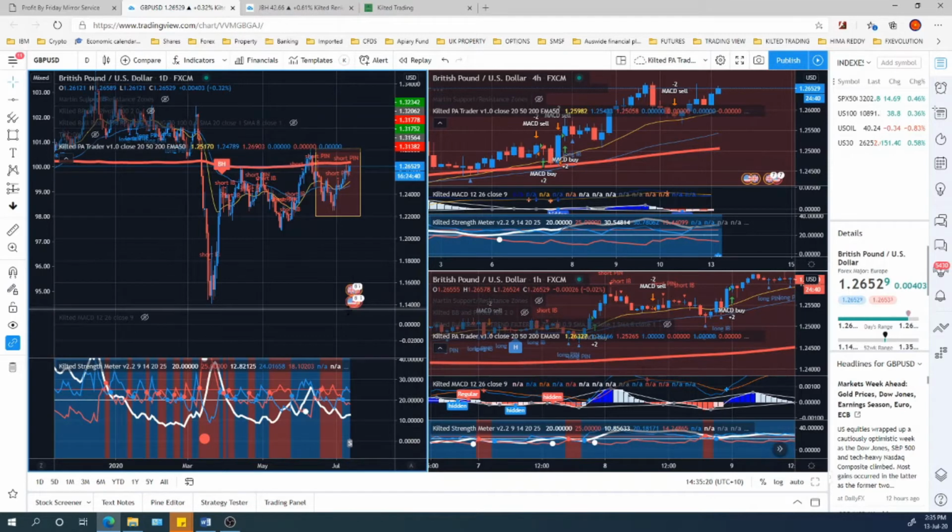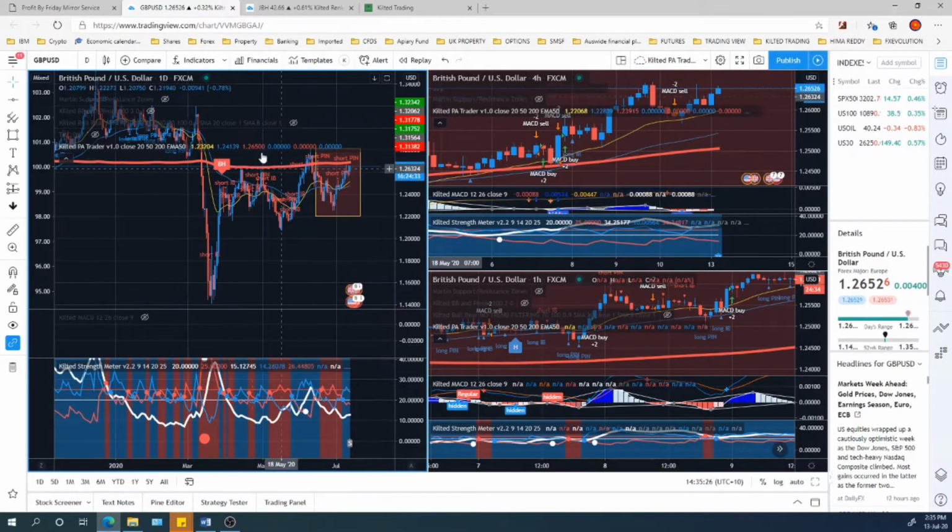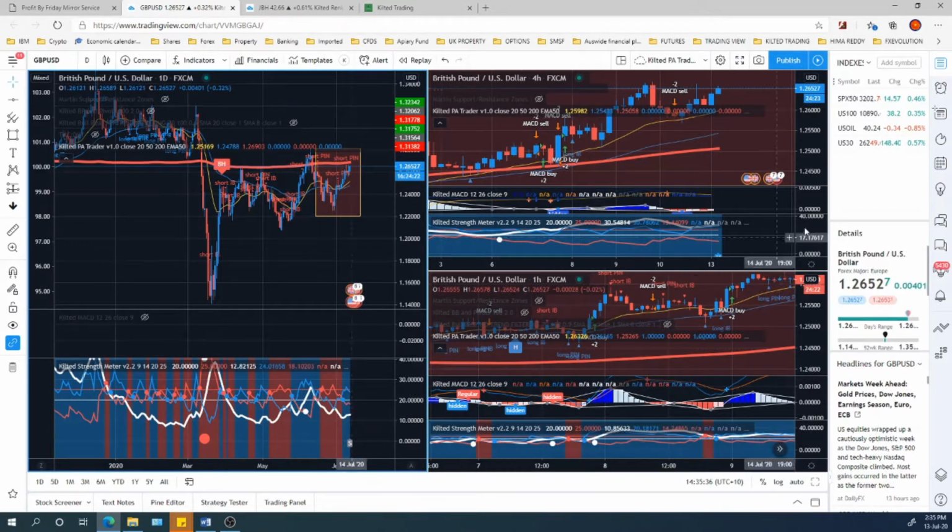So what does the Kilted Price Action Trader actually give us? Let's have a look here. In the interest of time, I've drawn up something of interest. We had some updates to our Kilted Strength Mirror, where at a glance we can see what's happening in all 4 time frames.